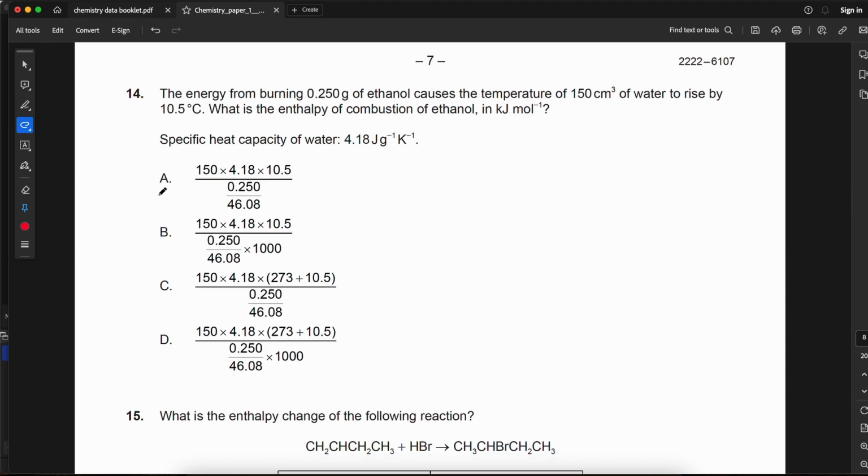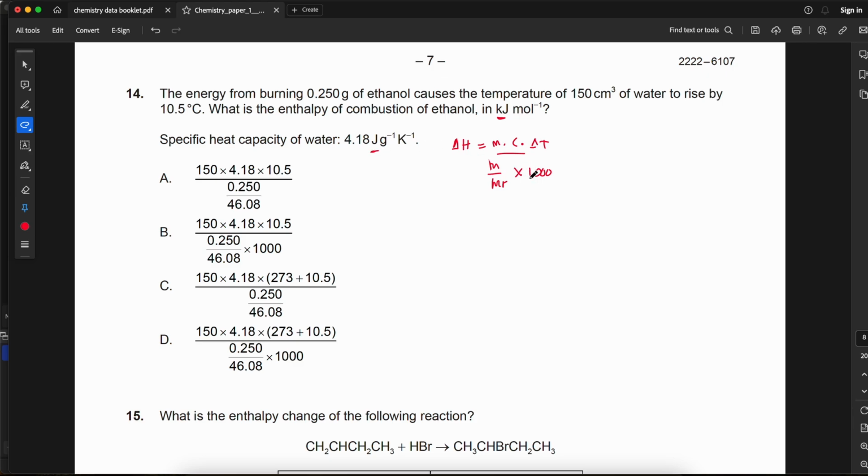The energy from burning 0.250 gram of ethanol causes the temperature of 150 centimeter cube of water to rise by 10.5 degrees Celsius. What is the enthalpy of combustion of ethanol in kilojoule per mole? So delta H is mc delta T divided by mole. So mole is mass divided by Mr, and it needs to be divided by 1000 because the answer is in kilojoule per mole, but the specific heat capacity is in joule.